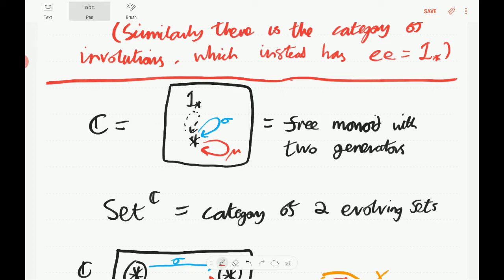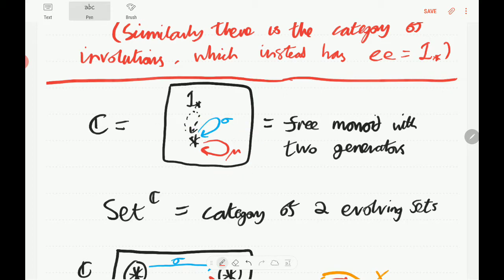So it's hard to draw out this full category because it's infinite, but it has just one object called star, and we have the identity arrow of star, and we also have this arrow sigma from this object star to itself, and this arrow mu from this object star to itself, and then any kind of arrow we can get by composing combinations of these together.